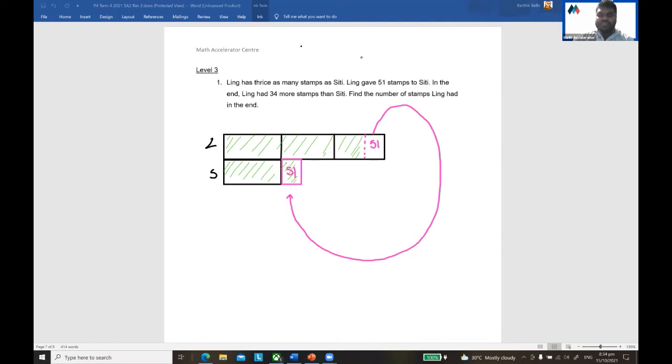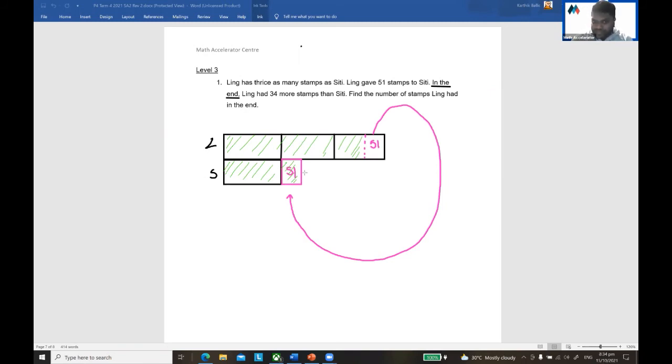Now, the question tells you that Ling in the end has 34 stems more than city. So can you underline "in the end"? In your model, the in the end part is the shaded region. In my model, it is the green shaded region.